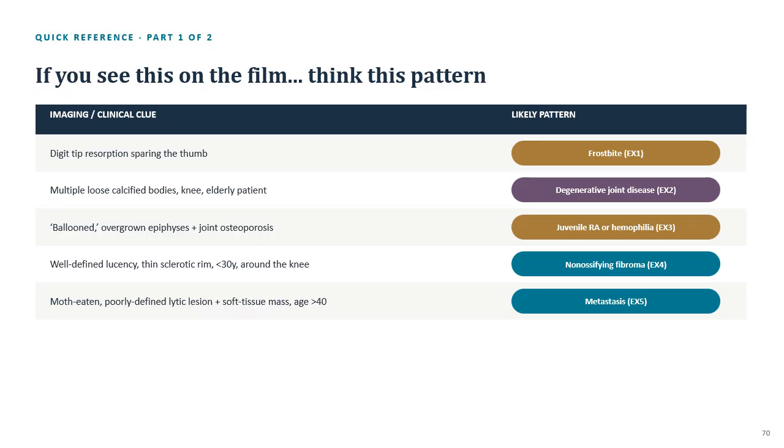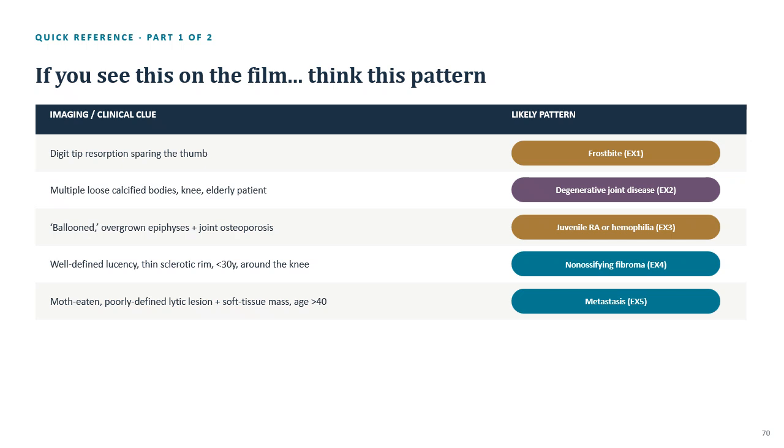If we're seeing multiple calcified loose bodies within the knee of an older patient, they sometimes tend to think of DJD, or degenerative joint disease. If the epiphysis looks ballooned out or enlarged, and there's some sort of joint osteoporosis, sometimes they tend to think about conditions like hemophilia and juvenile rheumatoid arthritis.